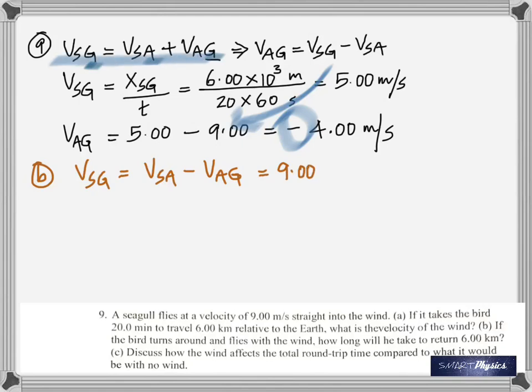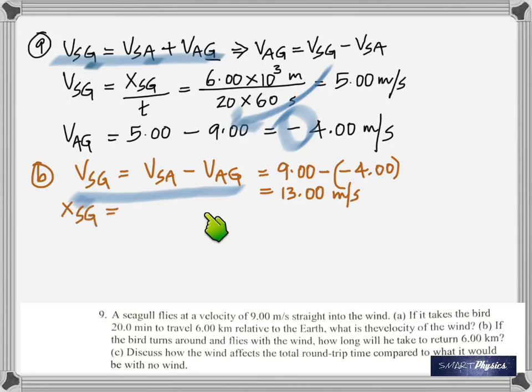But in the B part, the bird turns around and flies with the wind. How long will it take to return? Now he's flying with the wind. Therefore now the same equation, but you see that there's a negative there because of the opposite direction.